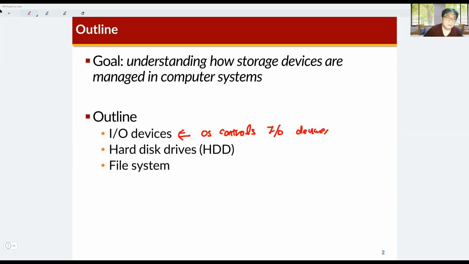I think I need to use this pen, and then we will study the characteristics of the hard disk drive, and how the data is accessed from this hard disk drive, and then how the operating system also controls the hard disk drive. Okay, so those are the two main topics of today's class.